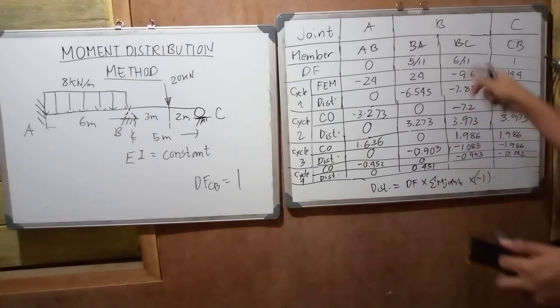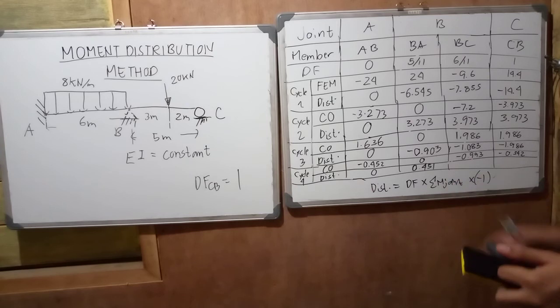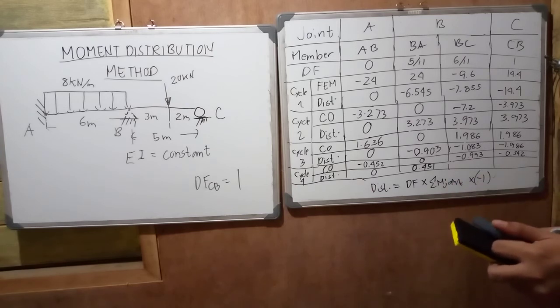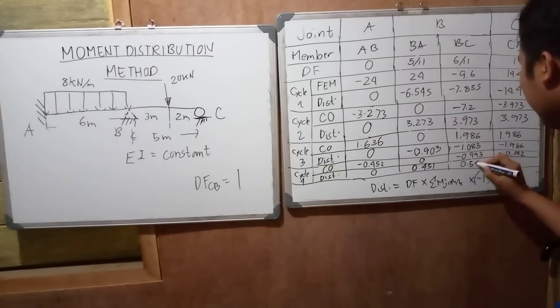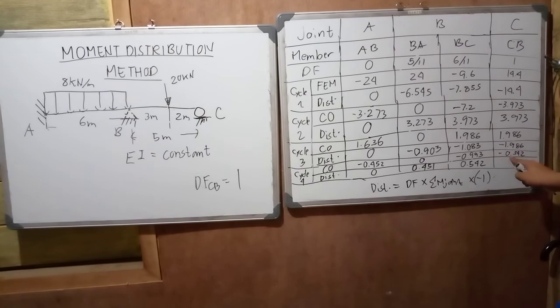Dito kay BC times distribution factor of 6 over 11 times negative 1 is 0.542. Dito, yung kay CB naman, distribution at CB is equivalent to distribution factor at CB which is 1, times negative 1, this is 0.542.